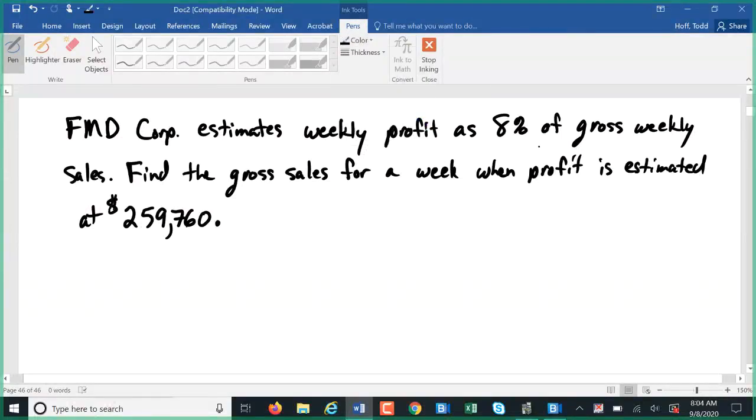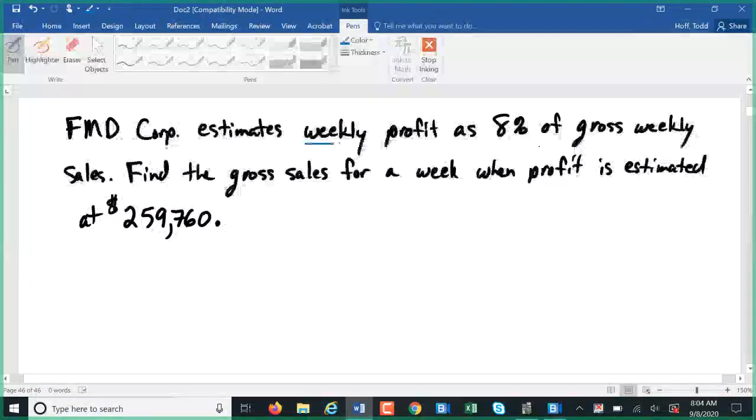Now, there are two amounts given in these problems, and most percent problems are like this. You have amounts, and each amount is described by two numbers. It's described by a percent, and then it's described by another amount, either a dollar amount or an amount of product or whatever. So in this case, we have two distinct values that are given.